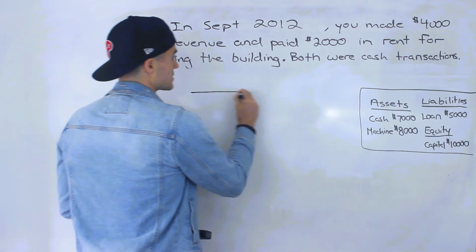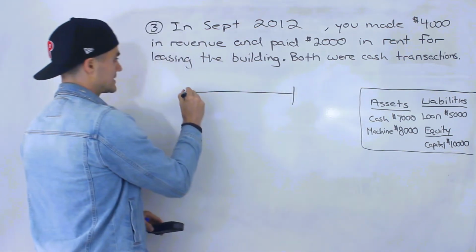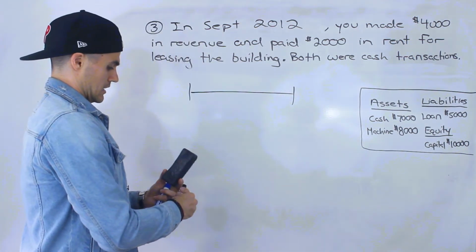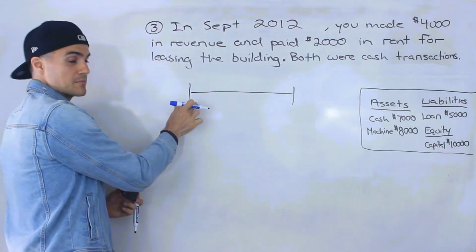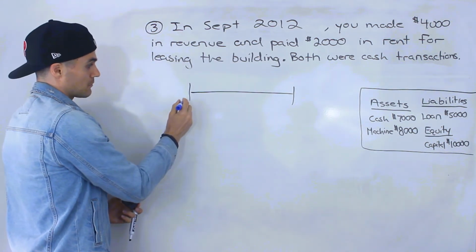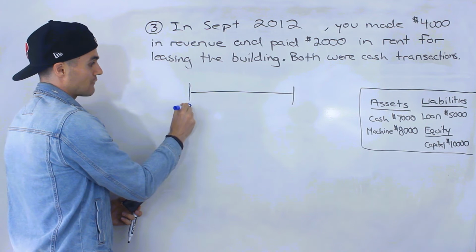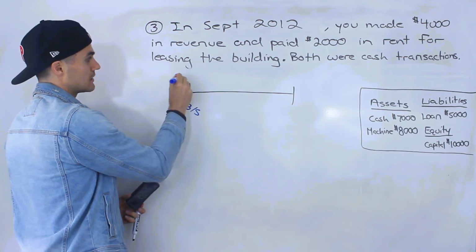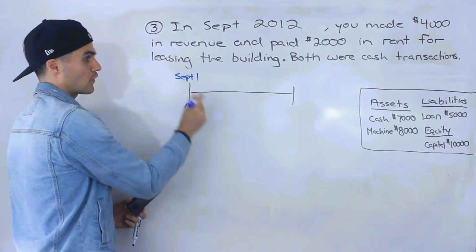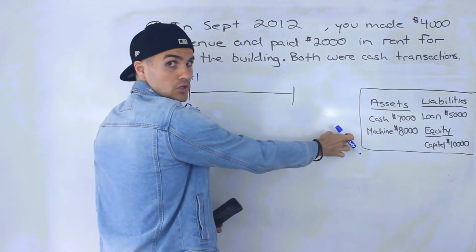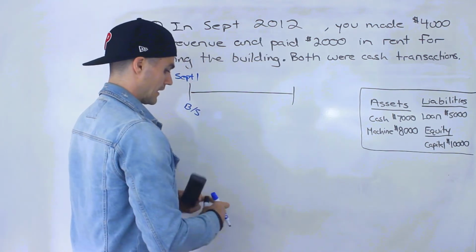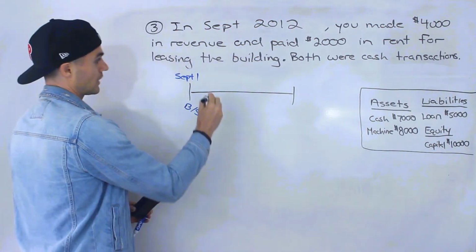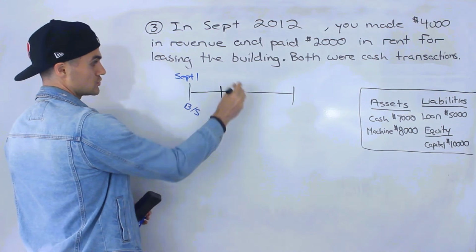So if we show this over a timeline, notice that this here is going to be the beginning of September, and so we're going to have a balance sheet, and that's going to be September 1st, which is actually this balance sheet over here. And then we're going to have two transactions during September.